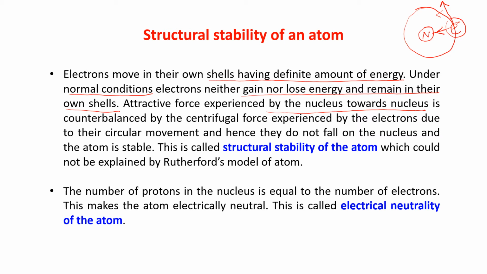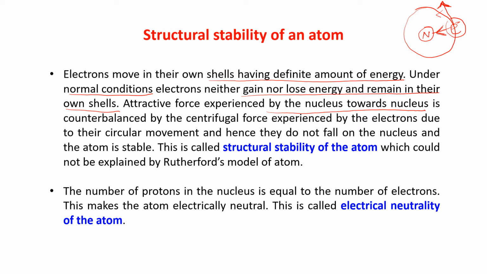This force is acting tangentially to the orbit. These two forces, the attractive force and the centrifugal force, counterbalance each other, and that is why the electrons keep on moving in their own orbit and the atom is stable.